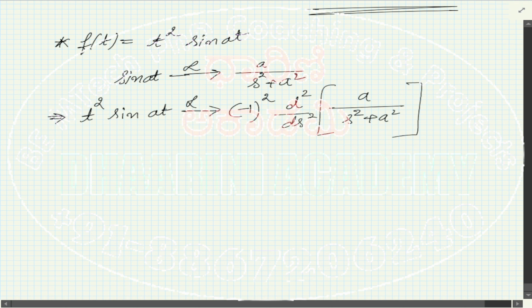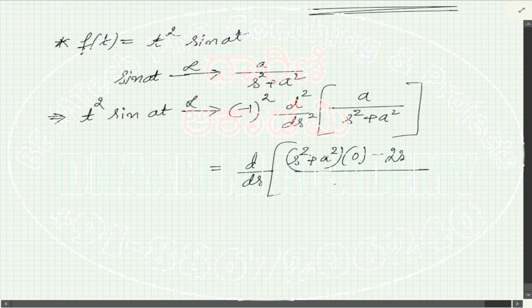So this means minus 1 square is plus 1. First, I retain one d by ds and apply a d by ds to this term. What happens? The denominator is s square plus a square into differentiation of a, which is 0, minus a into differentiation of s square plus a square, which is 2s, whole divided by (s square plus a square) the whole square.